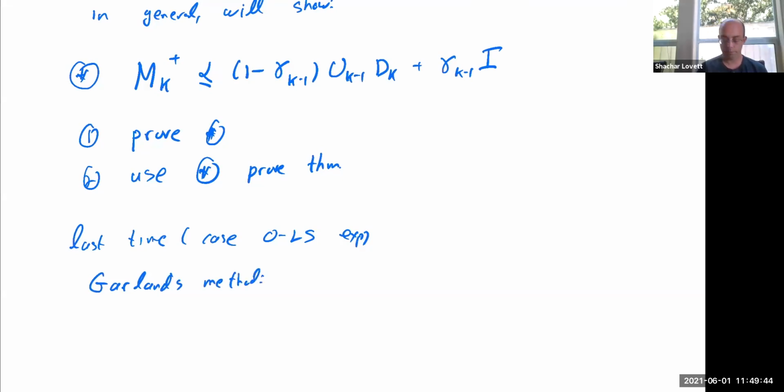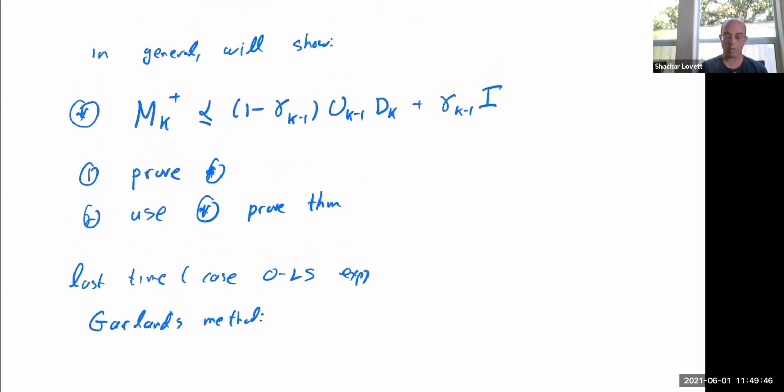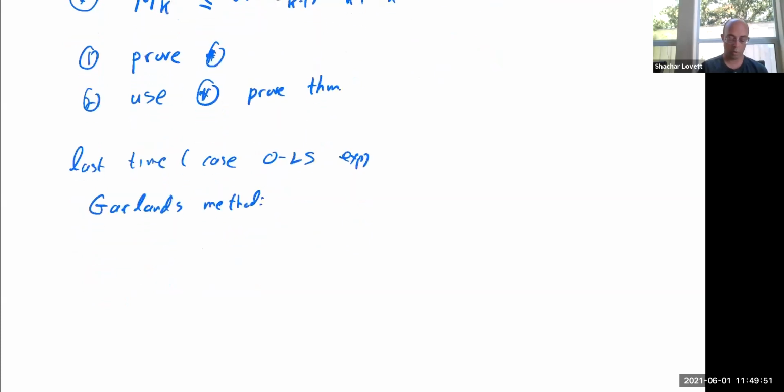And we said, so we're trying to prove this. We're going to look at the difference and try to understand its eigenvalues. So we're going to look at the inner product of (M_k^+ minus U_{k-1} D_k) f with f. This is what we're trying to analyze. This is what we did last time, and this is still what we're going to do now. We look at the difference between the non-lazy upper walk and the lower walk at level k.